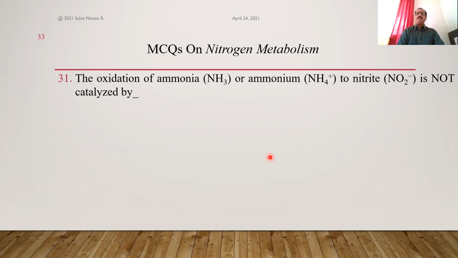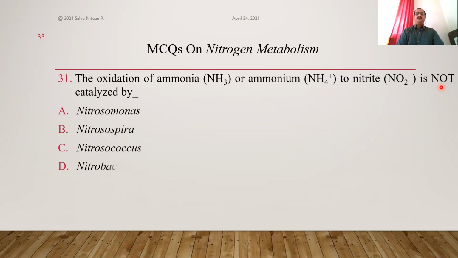Okay, oxidation of ammonia to nitrite is not catalyzed. So question is, which of the following is not ammonia oxidizing bacterium? So nitrobacter is not AOB, it is NOB.